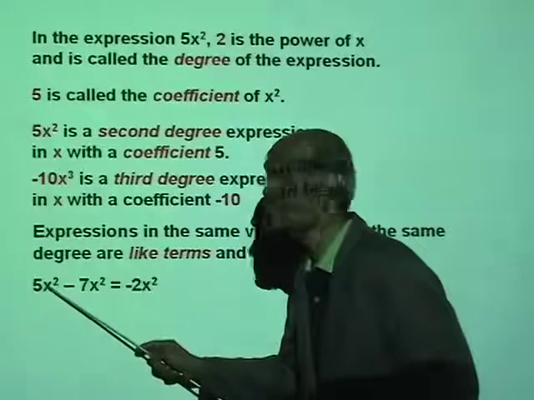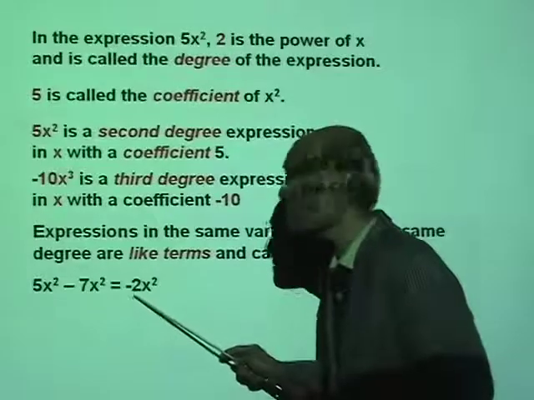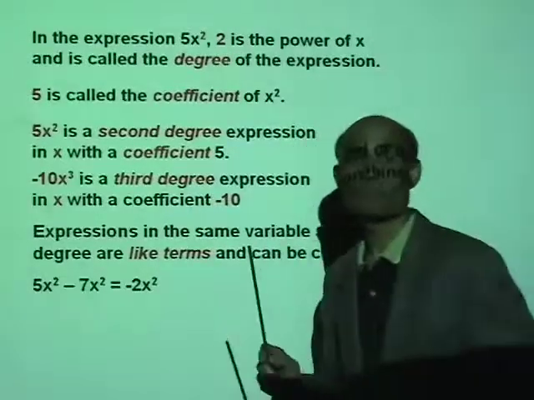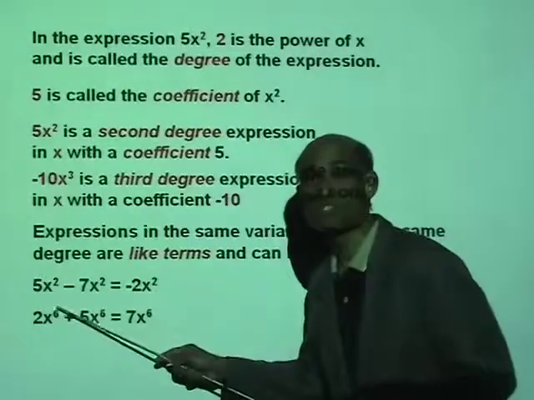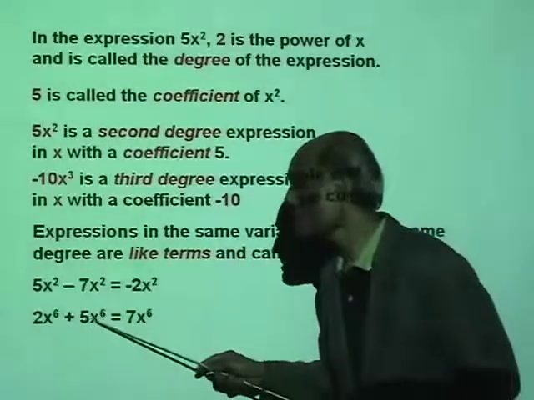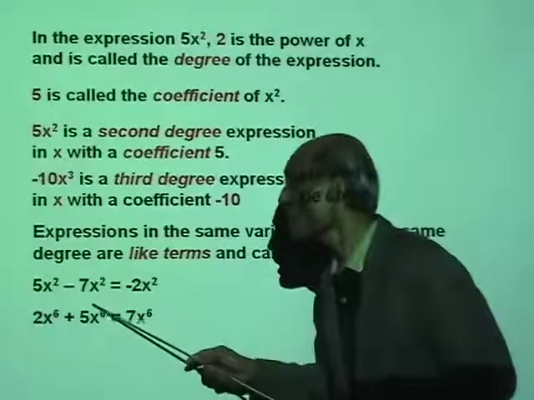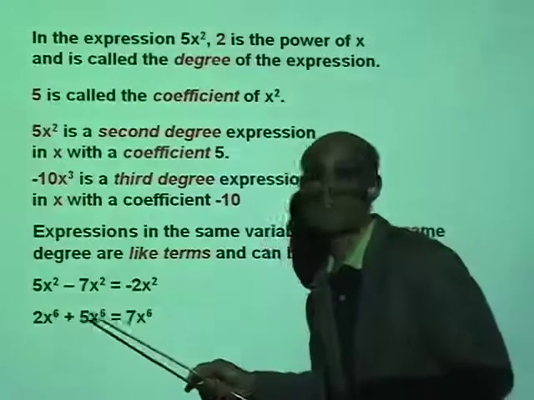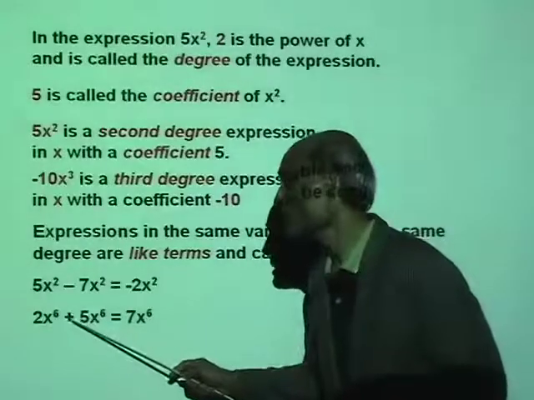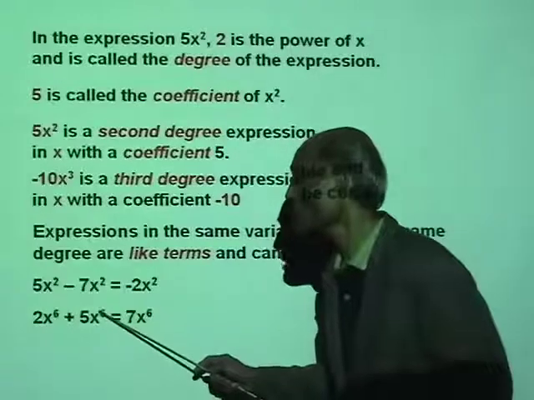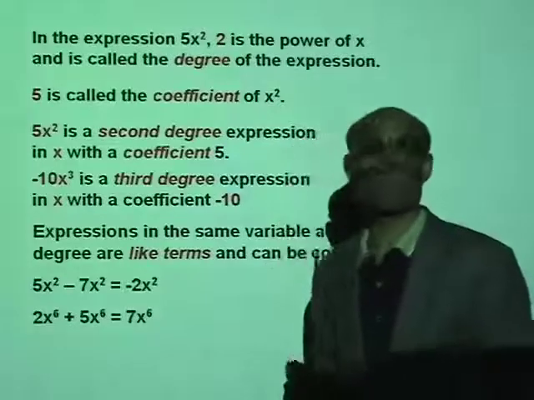So 5x squared minus 7x squared is negative 2x squared. Similarly, 2x to the 6 plus 5x to the power of 6. Here, the degree of both terms is 6. So 2x to the power of 6 plus 5x to the power of 6 is 7x to the power of 6.